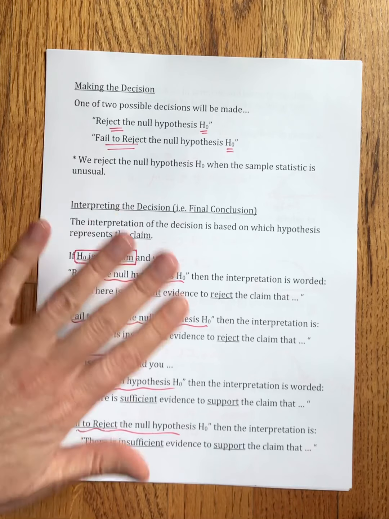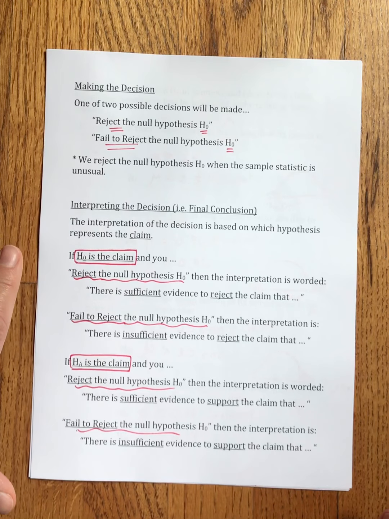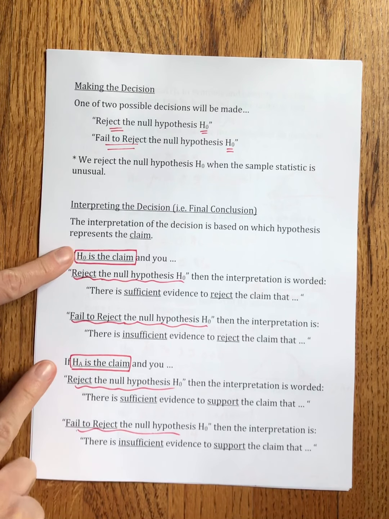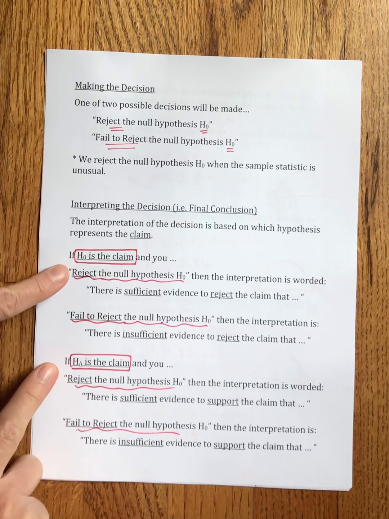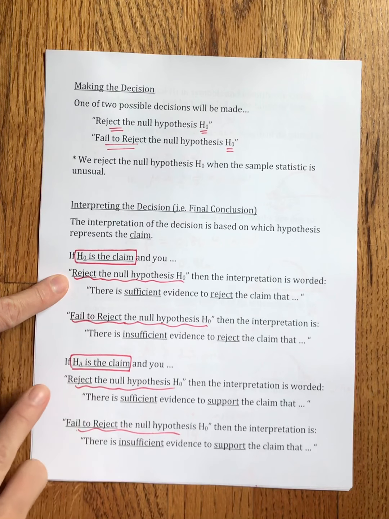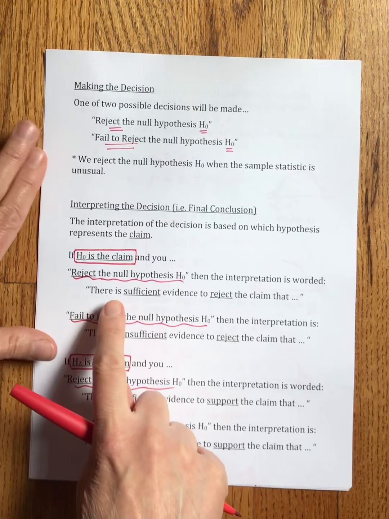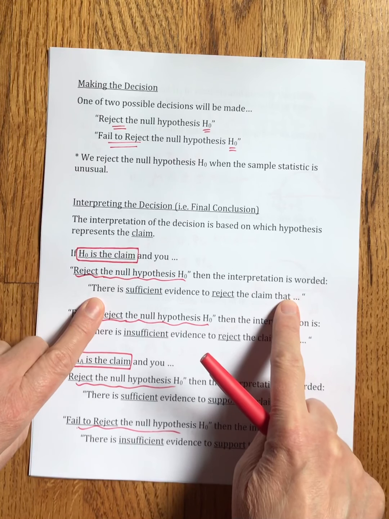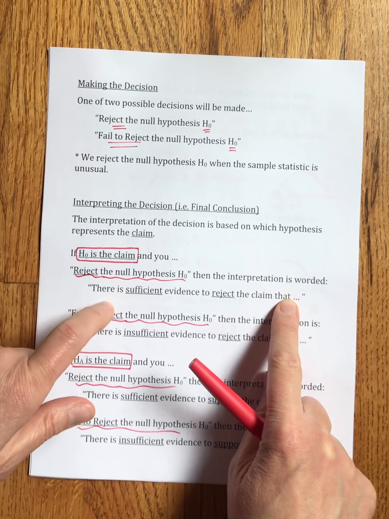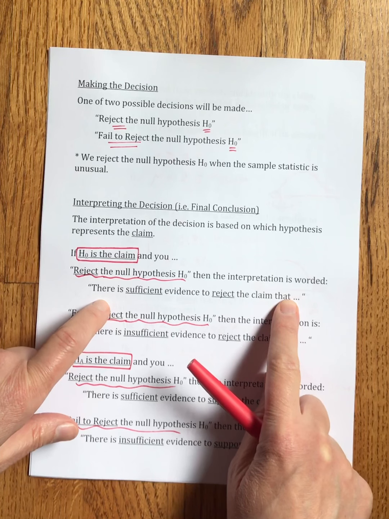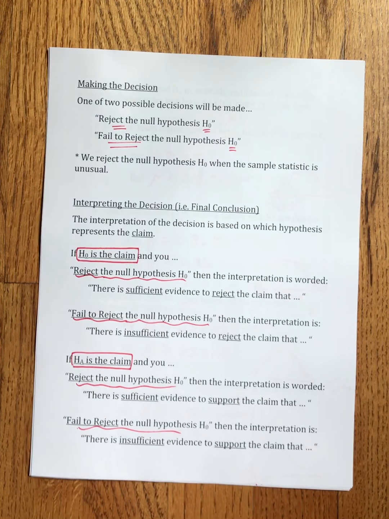So imagine this kind of like our cheat sheet, so we can line things up in the problem, see where the claim is, whether it was null or alternative, see what decision was made, whether it was reject or not reject. And following this little flowchart, we'll know how to start wording our conclusion. So a good idea to keep this paper handy as we answer some questions.